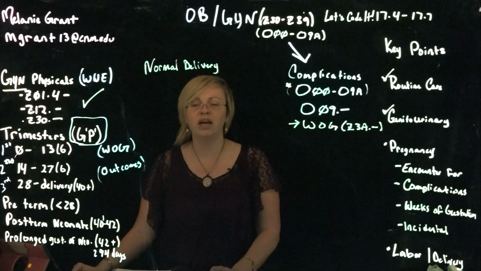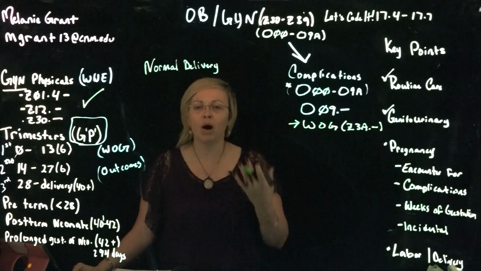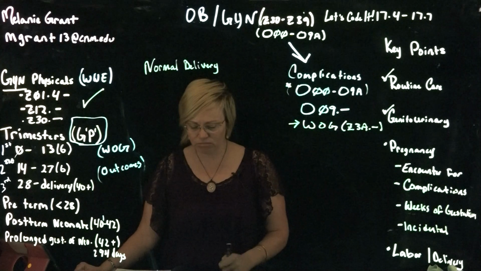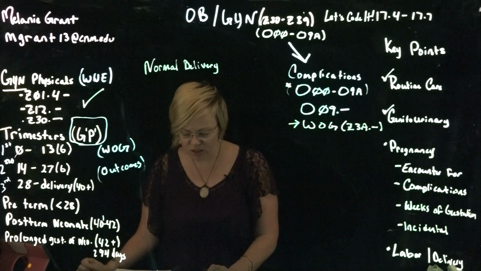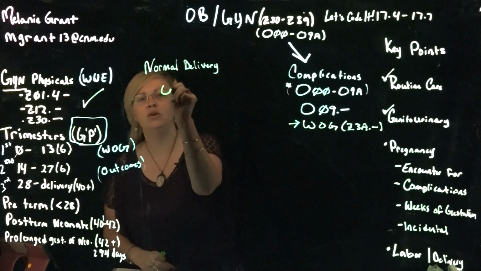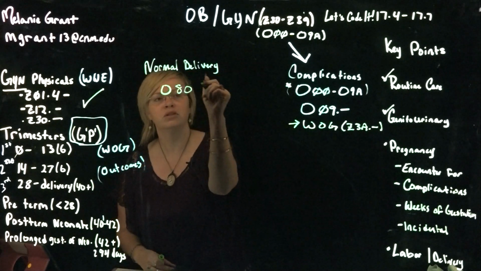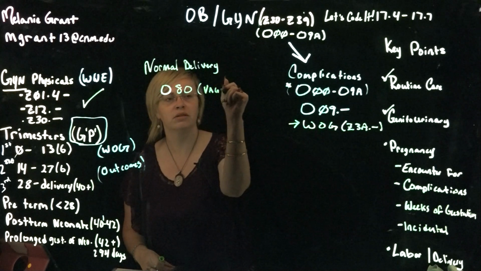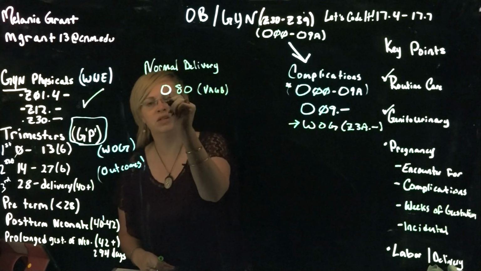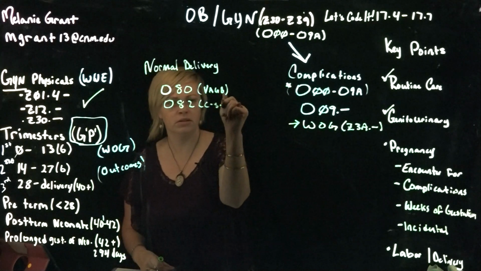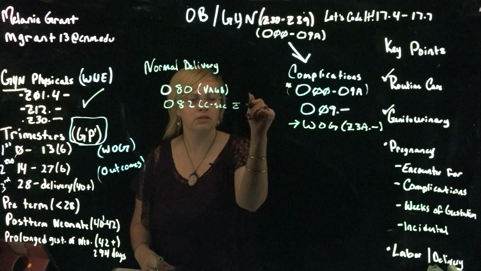So this would be when, for whatever reason, maybe mom elected to have a C-section, maybe she had a previous concerns about it, and so the code O80 is going to be listed, or O82, so vaginal birth versus C-section without reason.